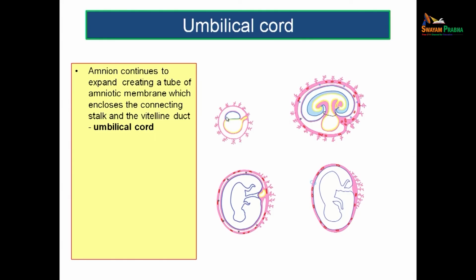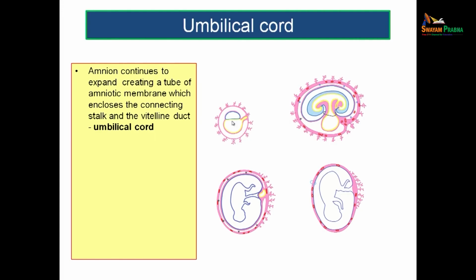We can see this is the implanted blastocyst, this is the connecting stalk, and this is the amniotic cavity, which was very small in the beginning. It continues to expand, creating a tube of amniotic membrane around the connecting stalk and the vitelline duct.